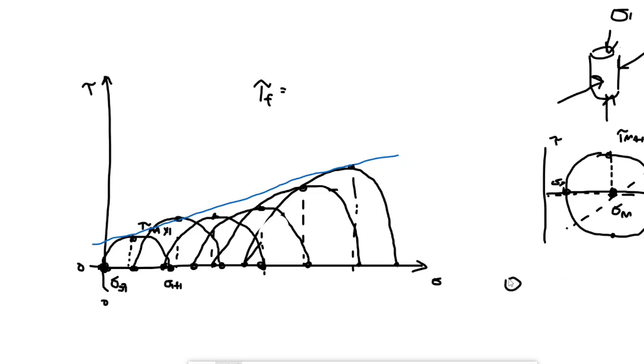And sigma m, of course, is just the arithmetic average of these two numbers. So that's going to be sigma 1 plus sigma 3 divided by 2. Okay, so we have a new number that's a product of these other two numbers. I'll just plug sigma m in here. So we'll call this something times sigma m.